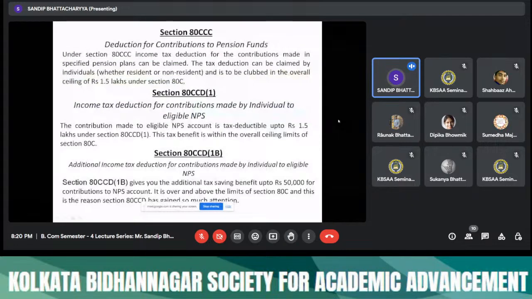Now let me move to section 80CCC, that is deduction for contribution to pension funds.